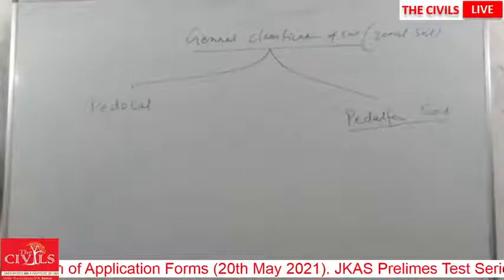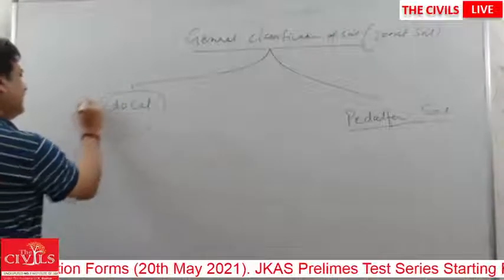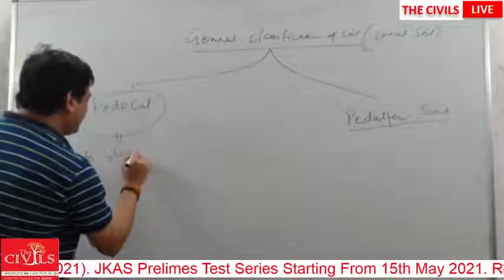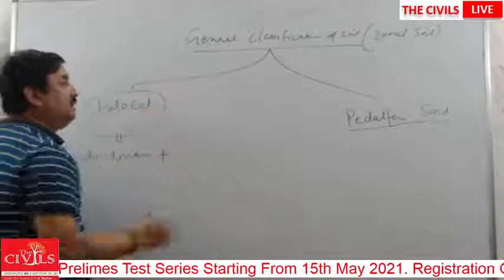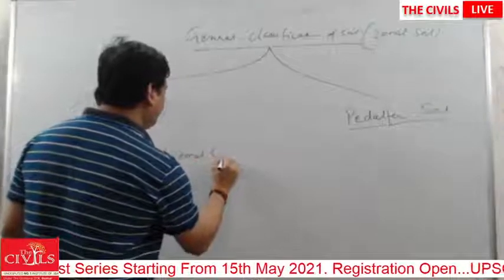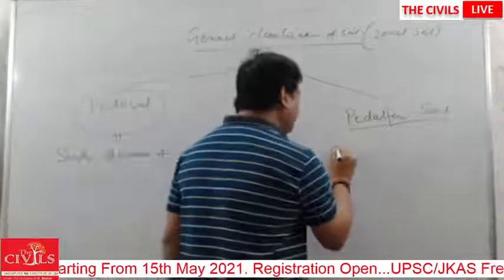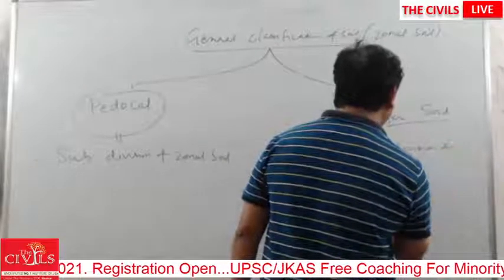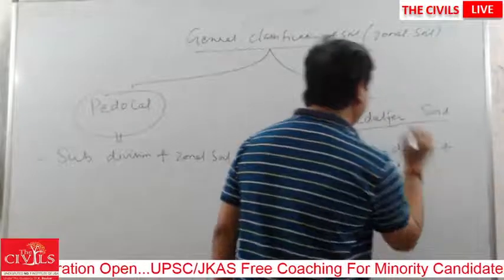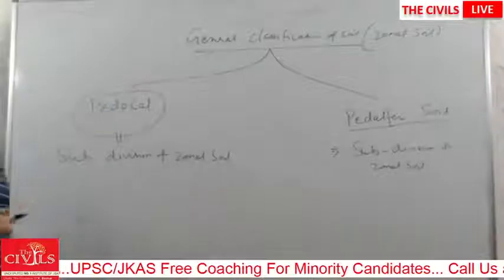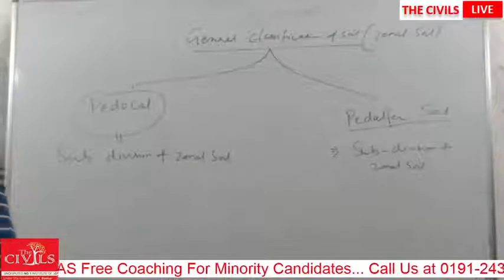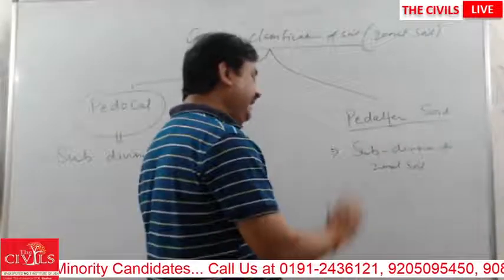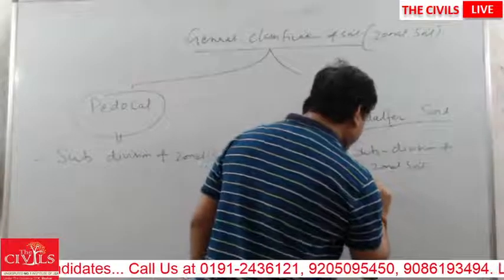Peduncle soil is a subdivision of zonal soil, and pedalfur soil is also a subdivision of zonal soil, but there is a difference. Pedalfur soil is found in humid region.